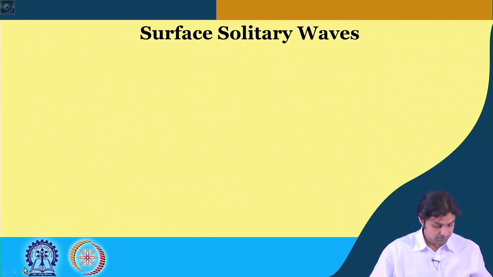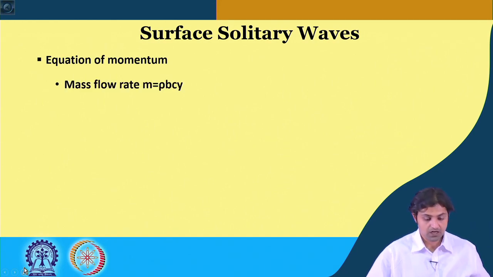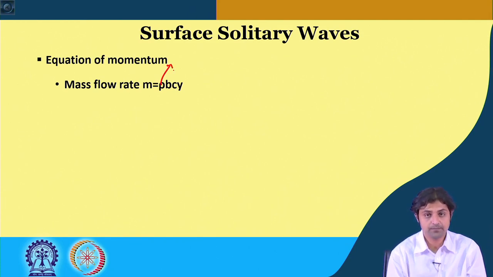So, now we proceed further. We have applied the equation of continuity. Now, we should also apply the equation of momentum. So, how to apply? The mass flow rate m is given by rho b c y. Rho is the density, and we need to have volume per unit time.